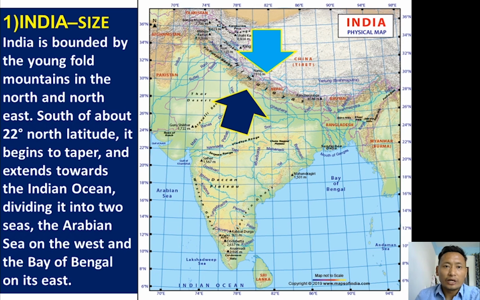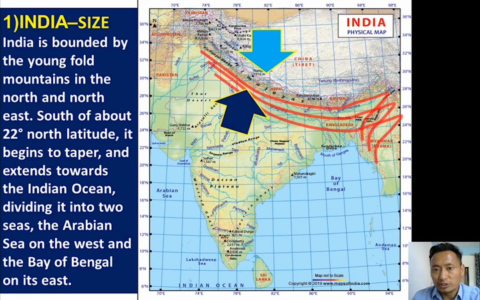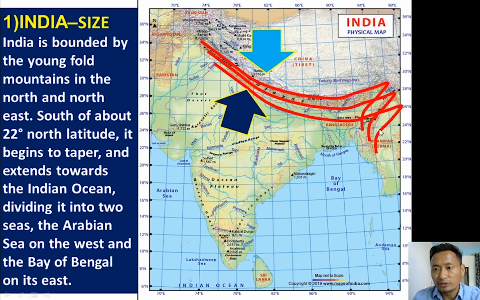India is bounded by young fold mountains in the north and northeast. These three lines show the Himalayan mountains. Young fold mountains here means Himalayan mountains. In geography, we consider the Himalayan mountains a very young mountain range compared to other mountains of the world.